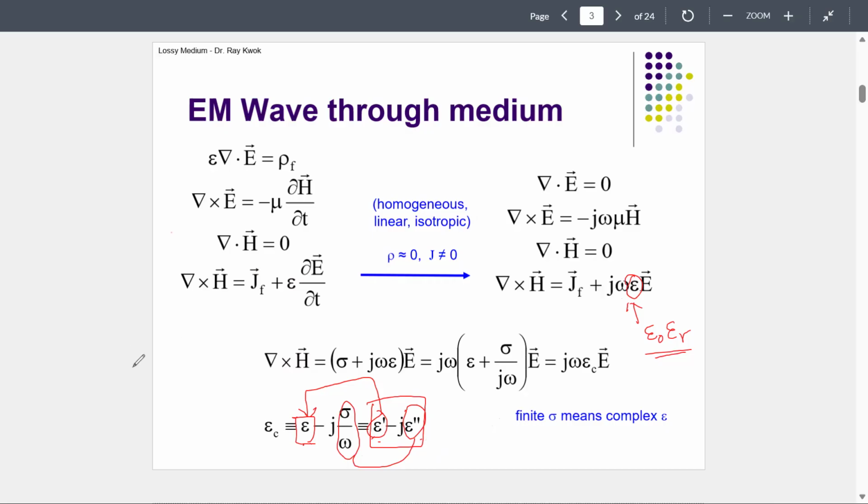When I say 2 plus J4, 4 is a real number. Only when I put the J together does that become the imaginary number. So epsilon double prime is still a real number. Are we okay? And this is always epsilon prime minus J epsilon double prime. There's no other case. All right, so here's the definition. All right, what does that mean?